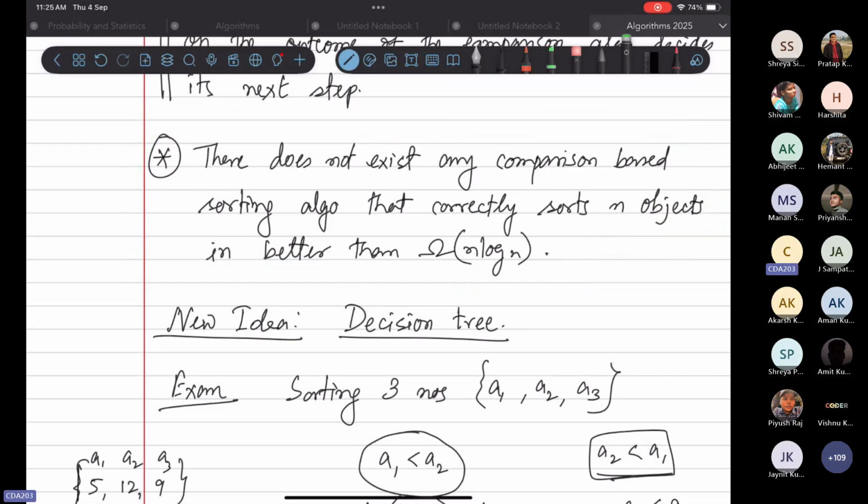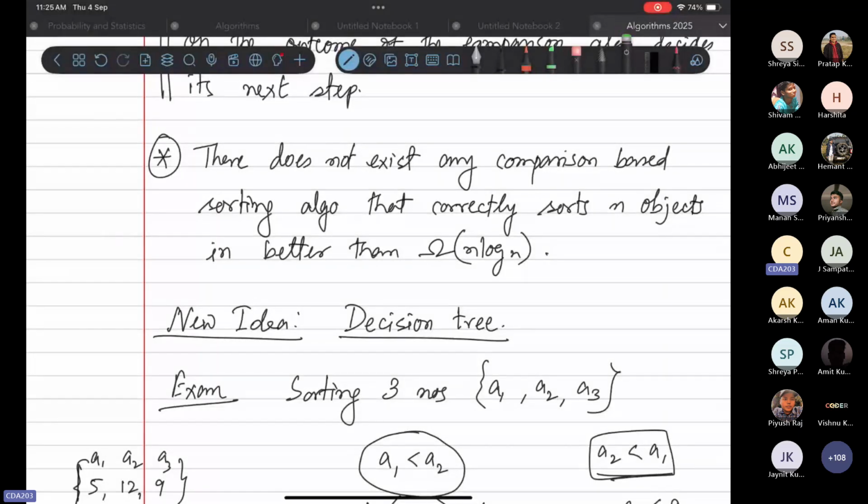And we have just seen that any comparison based algorithm I can view in terms of a tree, and the worst case running time is basically the height of the tree. Okay. Yes, that we have just argued.